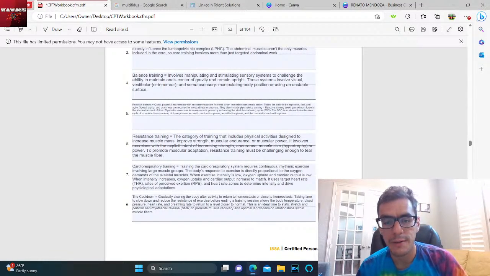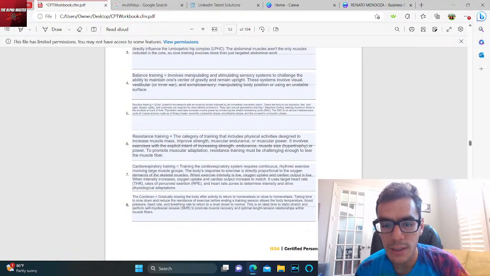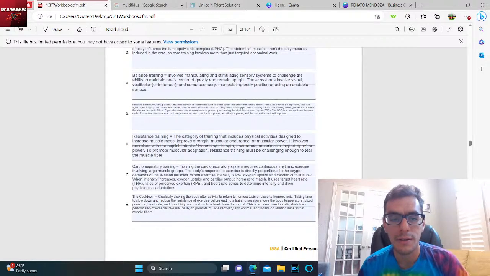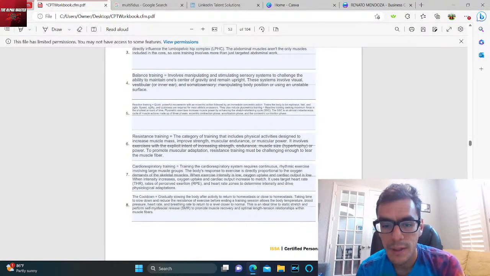The body's response to exercise is directly proportional to the oxygen demands of the skeletal muscles. When the exercise intensity is low, oxygen uptake and cardiac output are low. When intensity increases, oxygen uptake and cardiac output increase to match.